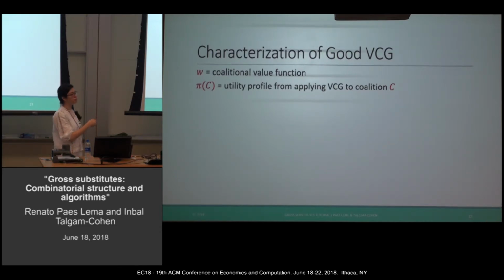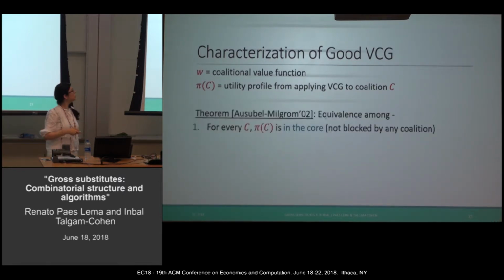Here's more formally what I just said. If W is a coalitional value function, and pi of C is the utility profile from applying VCG to coalition C, then a theorem by Ausubel and Milgrom shows equivalence between all of the following. First of all, for every coalition, the utility profile is in the core, so it's not blocked by any coalition. So the bad example that we showed doesn't hold.